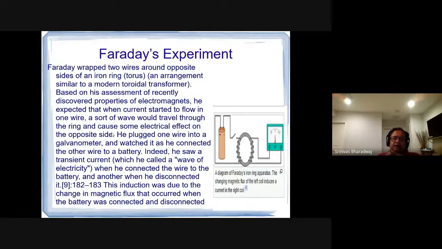The second idea that we learned was that a current carrying conductor also creates a magnetic field around it. So now, in this case, the second law, which is Biot-Savart's law, is what comes into play.